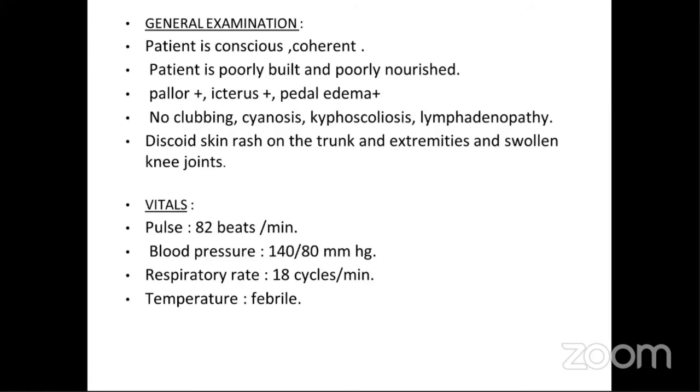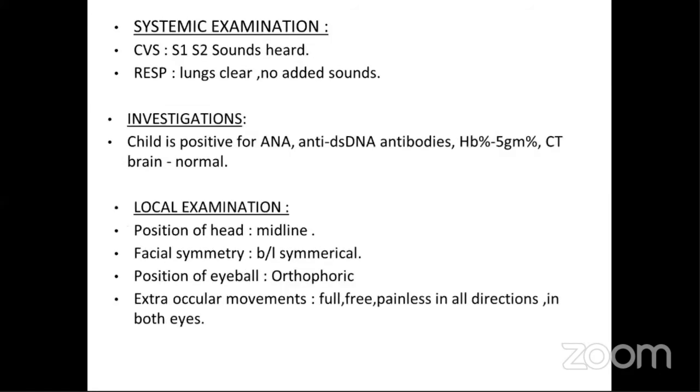Vitals: pulse 82 beats per minute, blood pressure 140 by 80 mmHg, respiratory rate 18 cycles per minute, febrile. Systemic examination: CVS S1, S2 heard; lungs are clear, no added sounds. Investigations: child is positive for anti-nuclear antibodies and anti-dsDNA antibodies, hemoglobin is 5 gram percent, CT brain is normal.